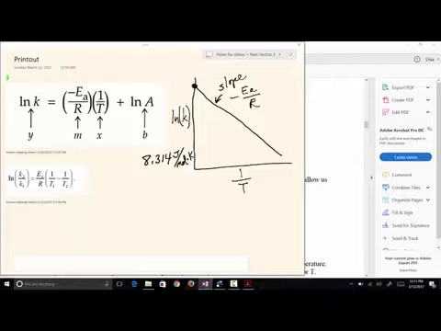Now, you will have some problems where maybe they give you just 2 points and ask you questions about it, or they'll give you one rate constant temperature combination and maybe the activation energy and ask you to find what the rate constant would be at another temperature. This is a really handy form of the equation.